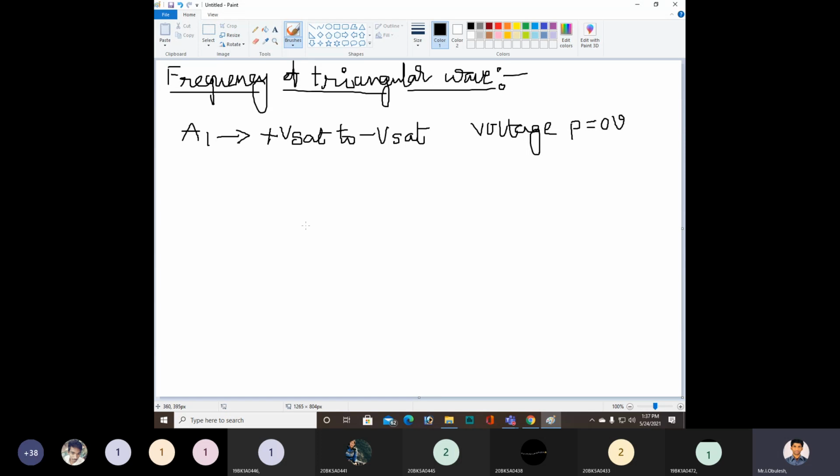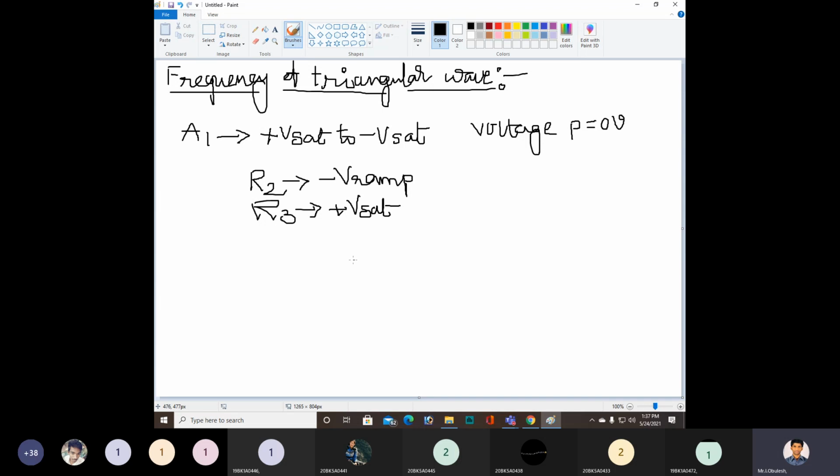Here you need to see that minus V ramp is developed across the R2 resistor and plus V saturation is developed across the R3 resistor.